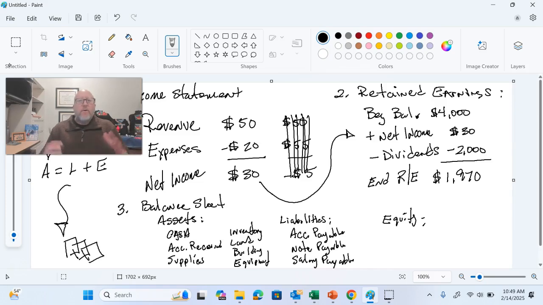So we're going to total up all of my assets, and then I'm going to subtract my liabilities, and the difference between my assets and liabilities would be what I refer to as equity. Equity has two components. It has capital, and capital is all of the stuff that I put into the business.